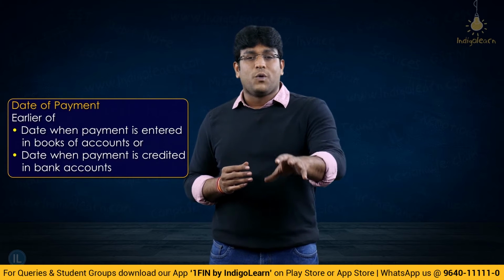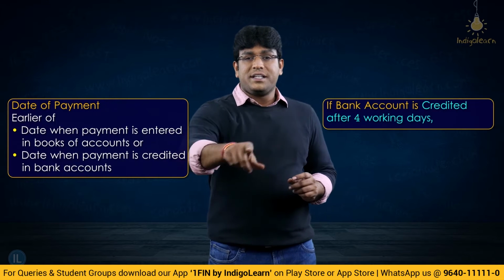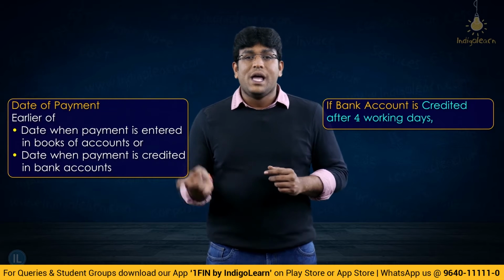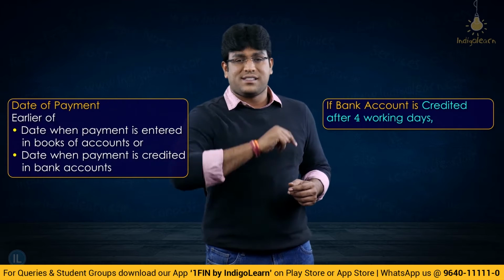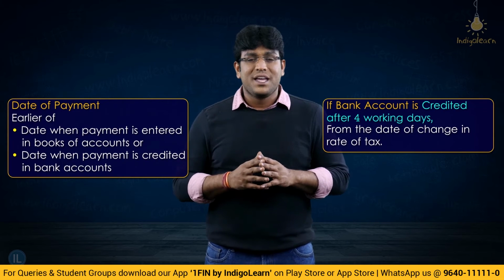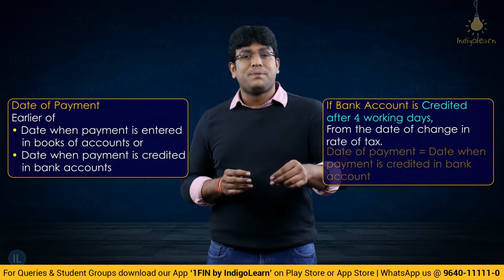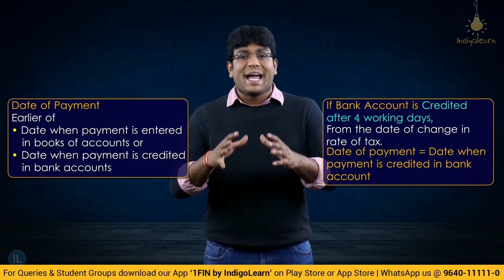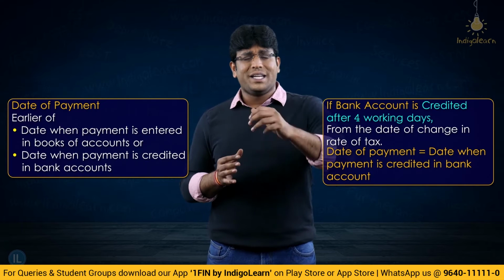But the special point is that if the credit in the bank account, I repeat, if the credit in the bank account is after 4 working days from the date of change in rate of tax, then please consider the date of payment as the date when payment is credited in the bank account. What does that mean?